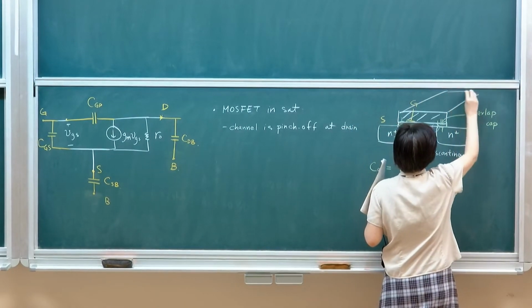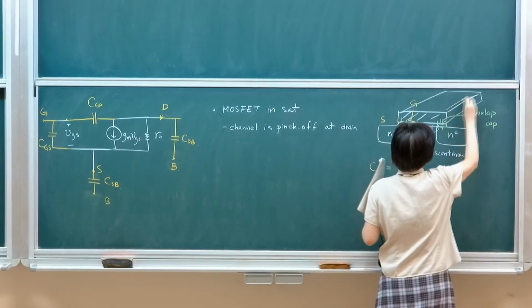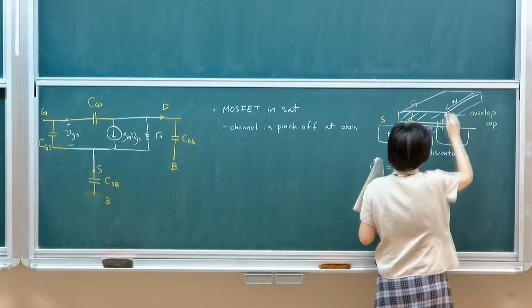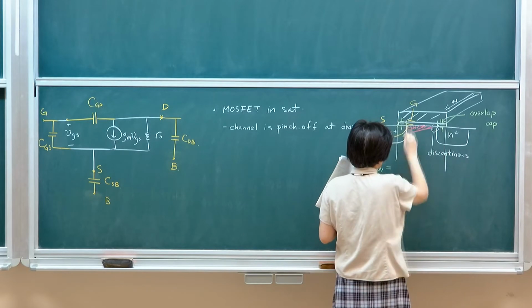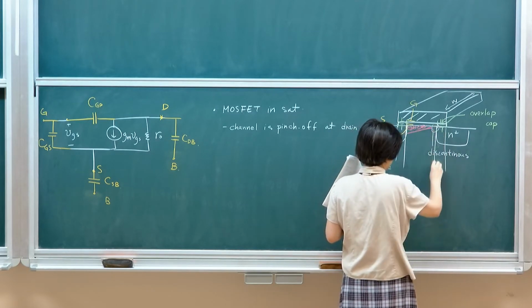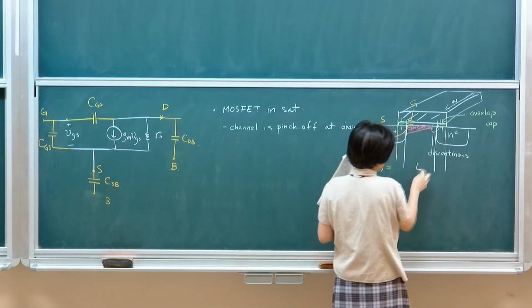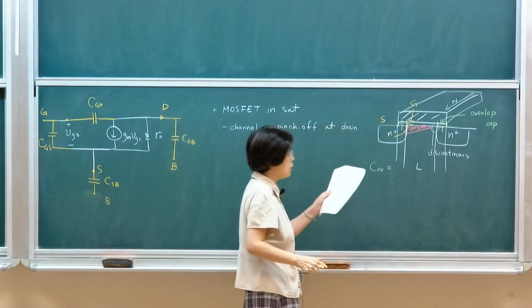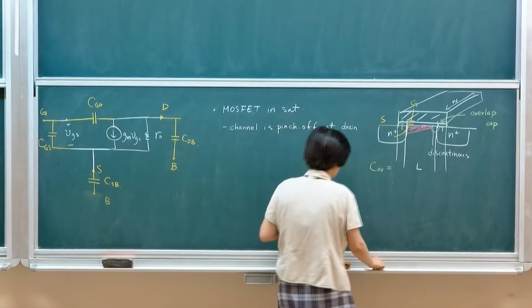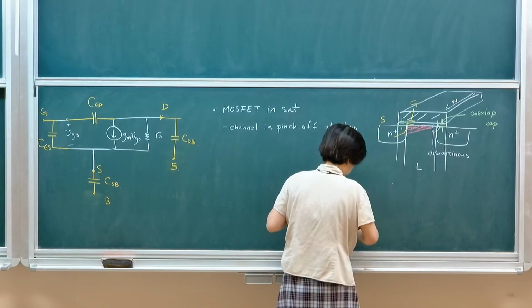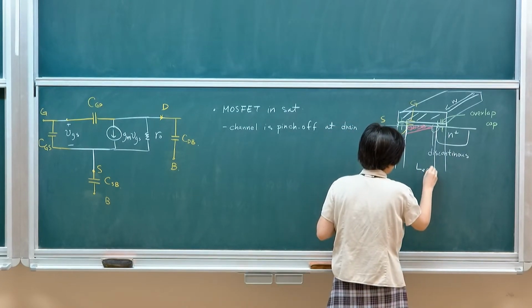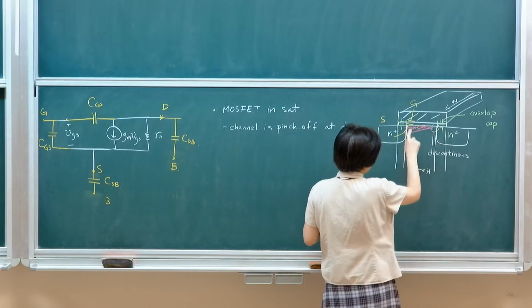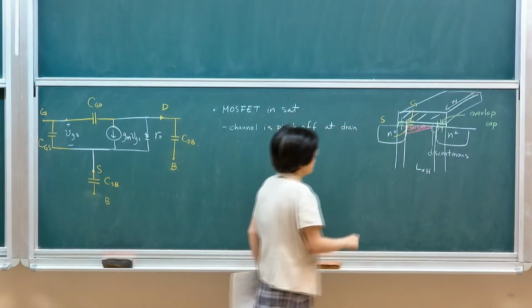It's elongated along the side. So this is W. And then along the channel, there's a distance. This is L, which is the actual distance between the two N plus. So it's referred to as the effective length, meaning that it's from N plus to N plus.